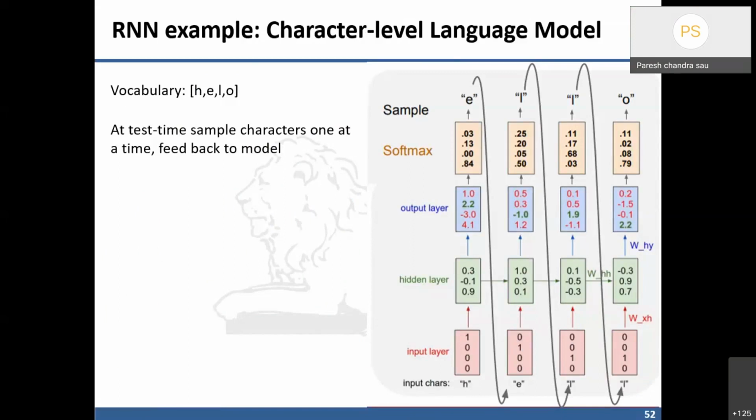I have generated E. How do I generate E? Only by using the hidden layer, or I have given that E will be coming as the next? See, it's actually supervised learning.